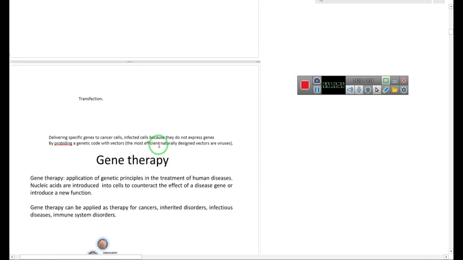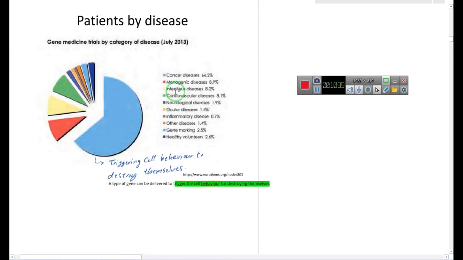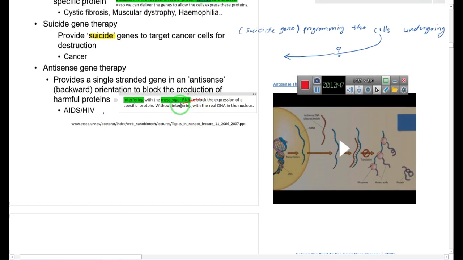If you remember here, I told you that outside the nucleus, within a so-called transcription process, the specific sequence of the nucleic acids will be formed to form the proteins. So in this so-called antisense, we can interfere with this process to block the production of the proteins, to block the expression of specific proteins.